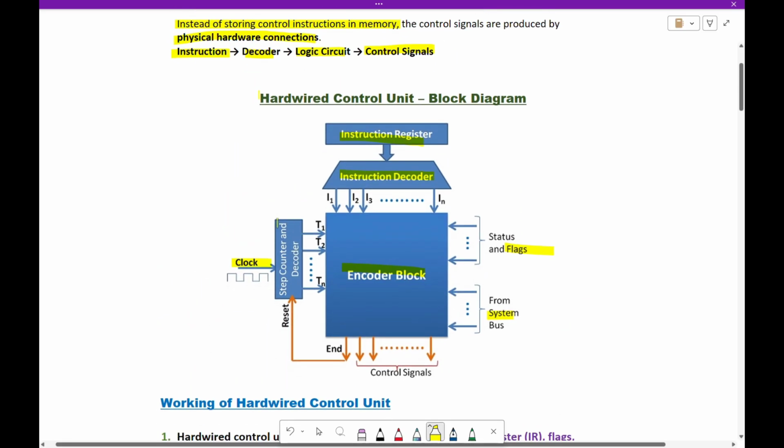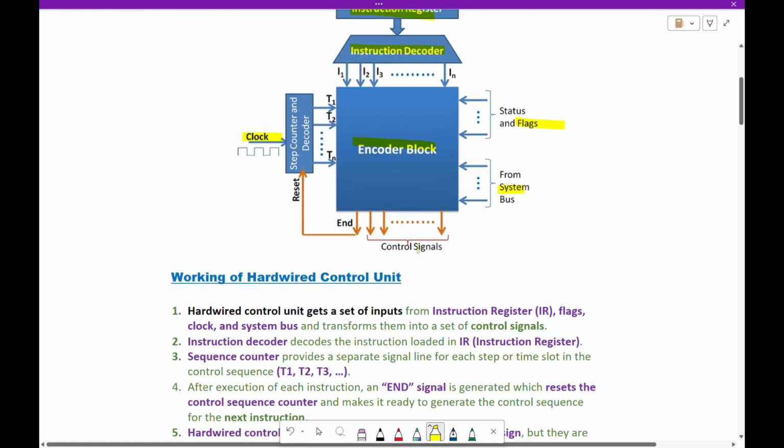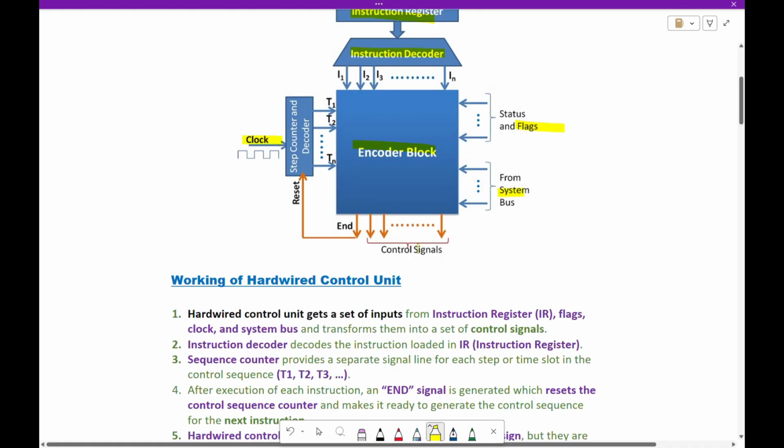They send their inputs from here and here in the form of I1, I2, I3, IN, T1 to TN, and it transforms them into the control signals.